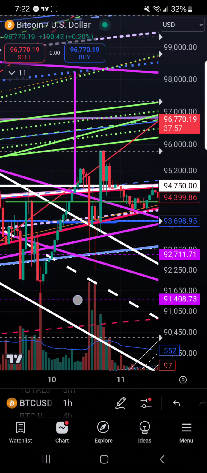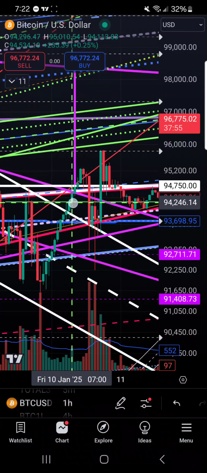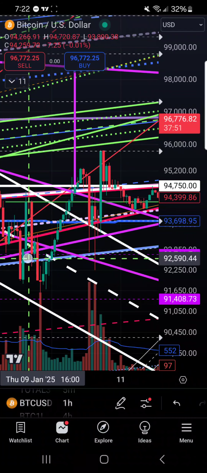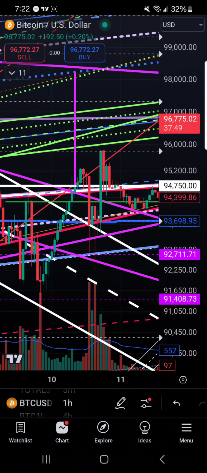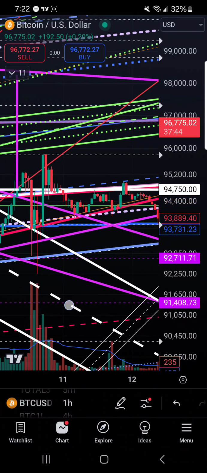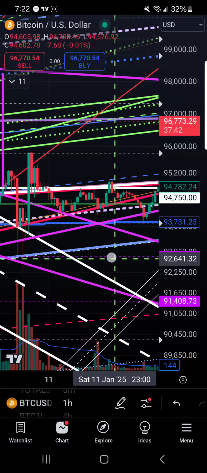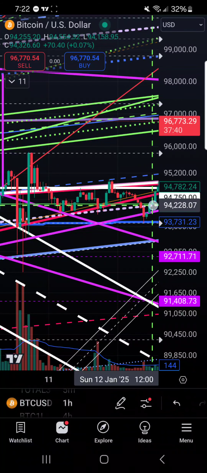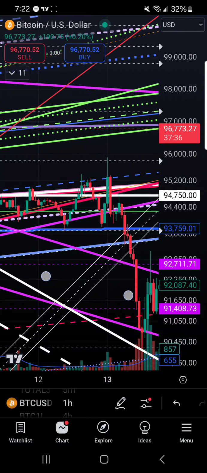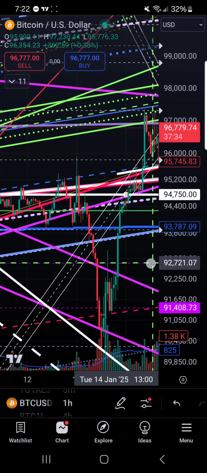Now, since then, the support level of the center of the W pattern there, where is that at? It's this green line. That's 94,270. And you can see we just kind of oscillated around that for quite a while until we lost it here.